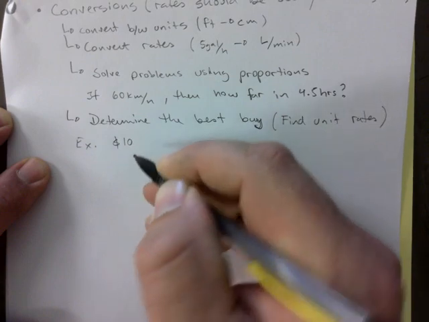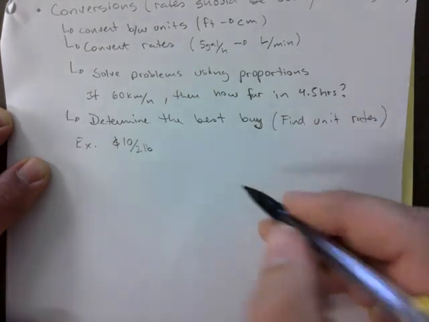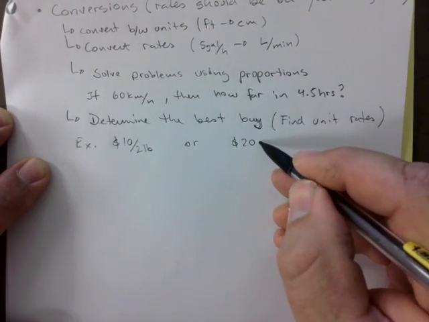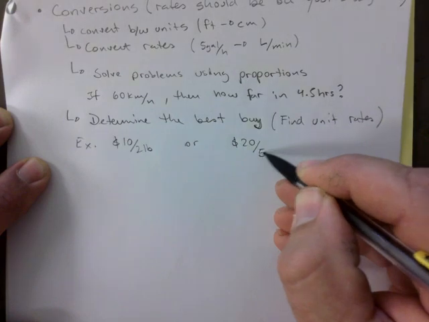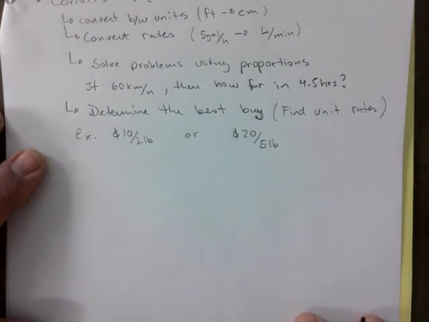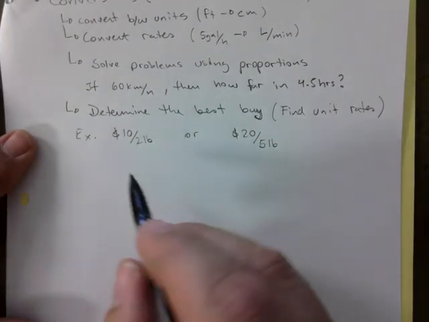It's $10 for 2 pounds of something, or $20 for 5 pounds. Which one is better? Which one is better? Don't just say this one or that one. You do the work, right?